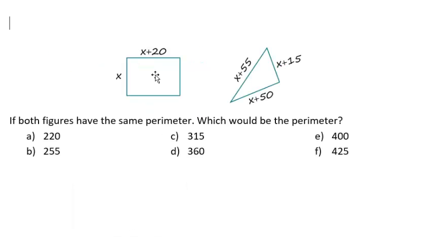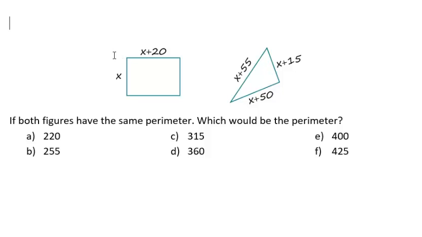So what was the question? The question is, which will be the perimeter? They're not asking me for x, they're asking me for the perimeter. So let's work with this one because it looks easier than the triangle, because adding 55 to 80 makes a mess, but adding 20 is super easy. So I have this one that is 80, and this other side is 80 plus 20, 100.